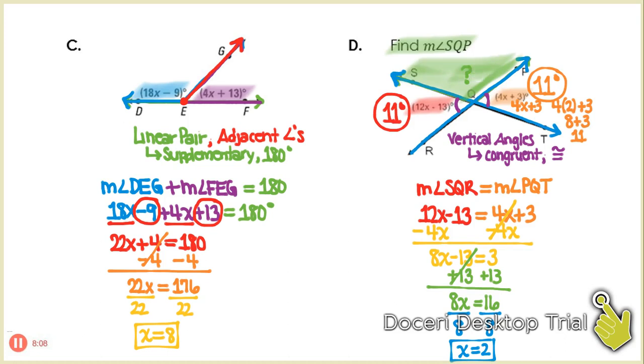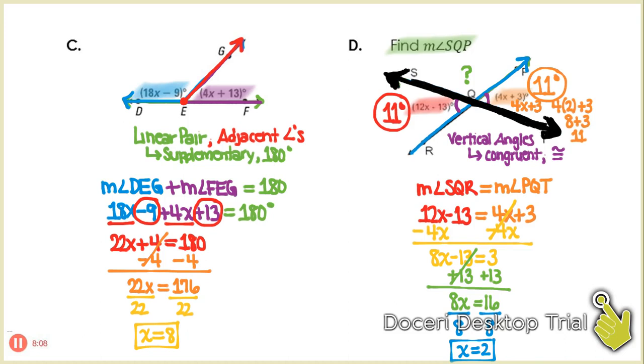So in order to find that SQP, which is the one at the top, I am going to have to look at another relationship. So the relationship I'm going to look at is this linear pair. So if you notice, I have a straight line right here. I'm going to do that in dark black so we can see it. So I have a straight line.